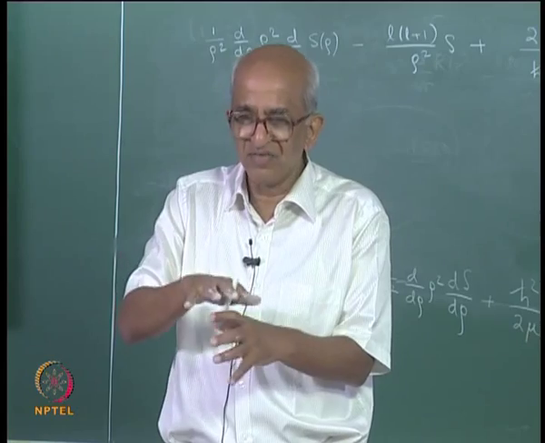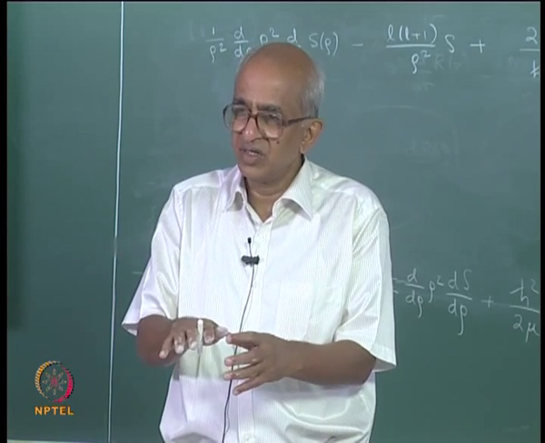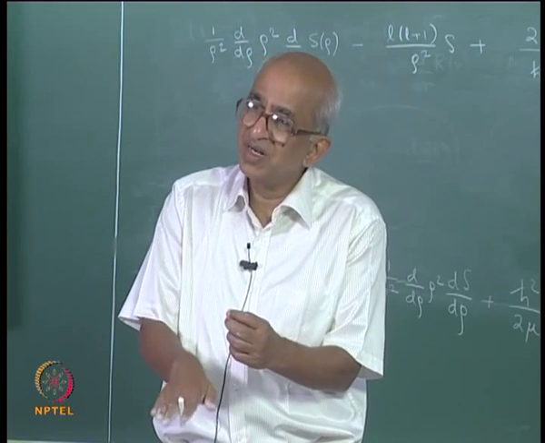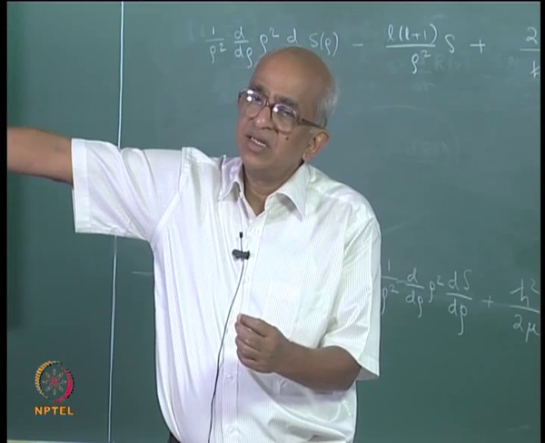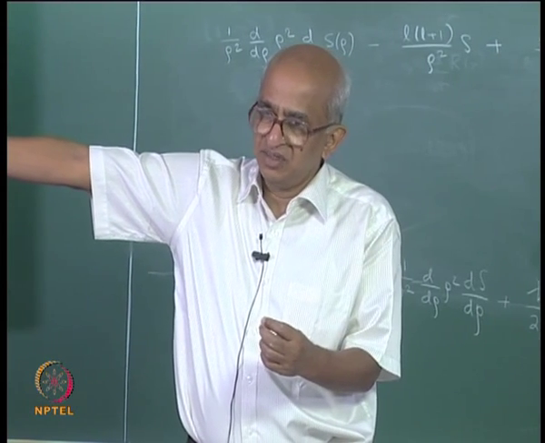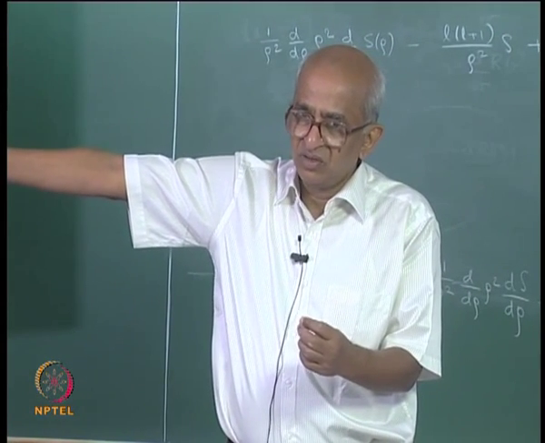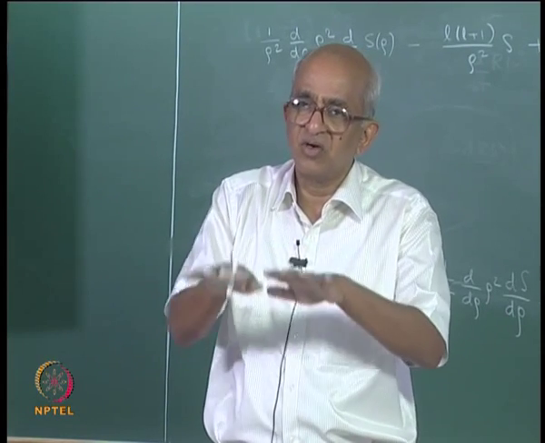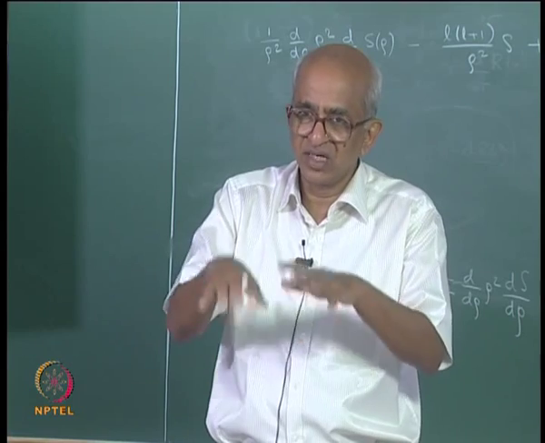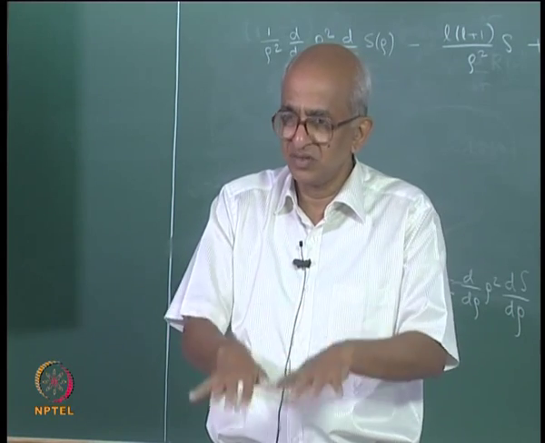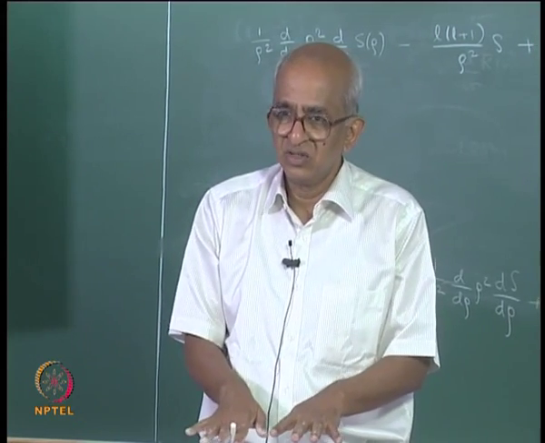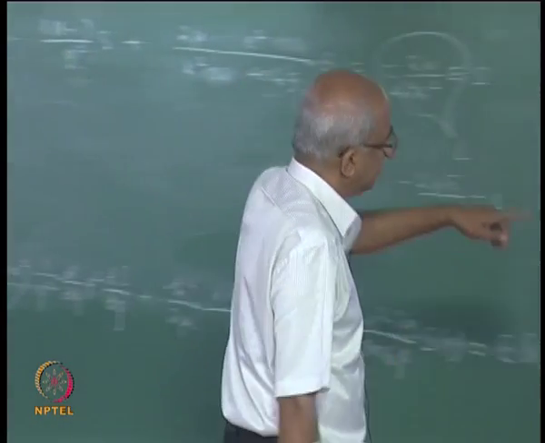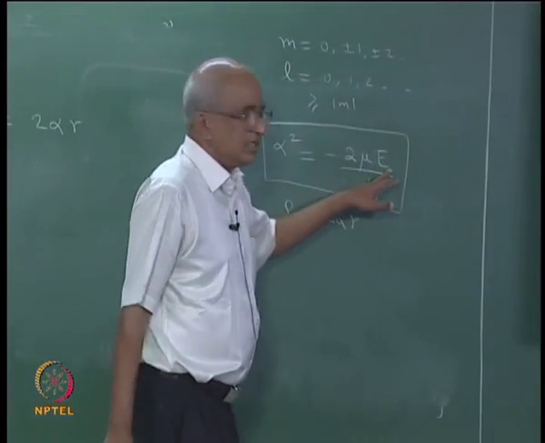I would expect that if there is a bound state for the system, the energy of the system will be less than 0, less than the energy that the system would have at infinity. So, if the electron is in the vicinity of the nucleus and bound to it, the total energy of the system will be less than 0, and therefore, I expect that this E is negative.